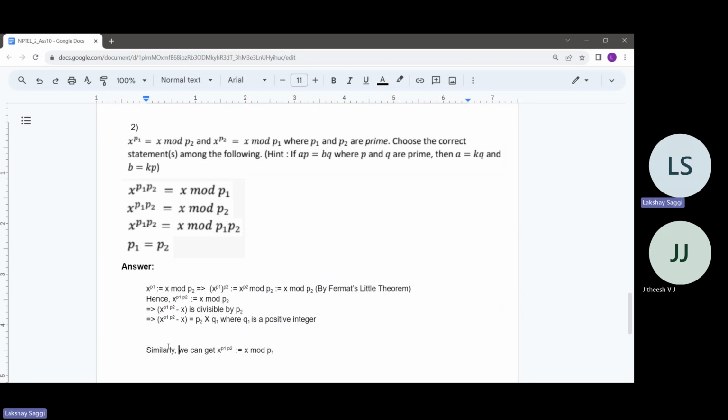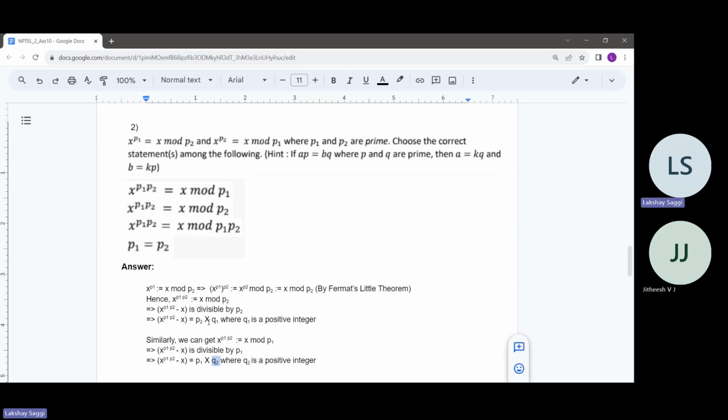We have written x raised to power p1 p2 minus x as p2 multiplied by a number q1. Similarly, we also obtain that x raised to power p1 p2 is congruent to x mod p1. Similar arguments can be applied here, and we'll get that this is divisible by p1, so it will be p1 times a number I'll name q2, where q2 is a positive integer.